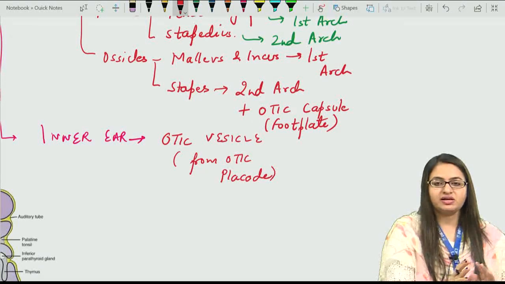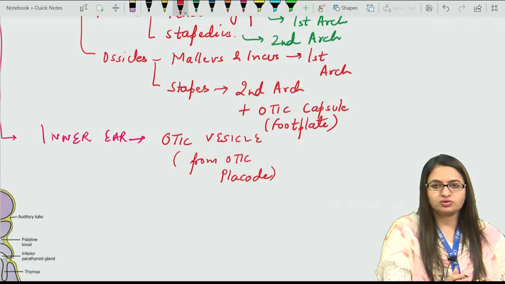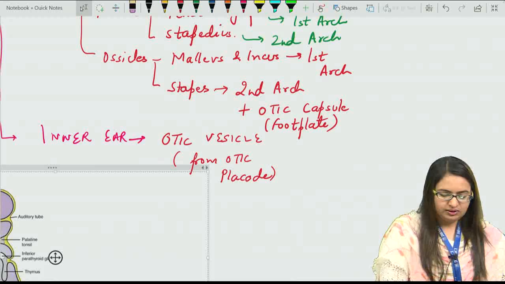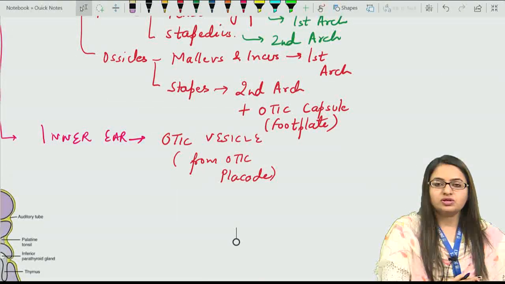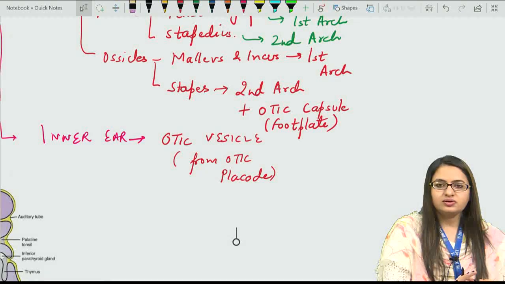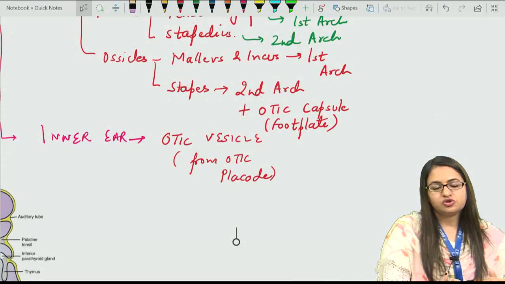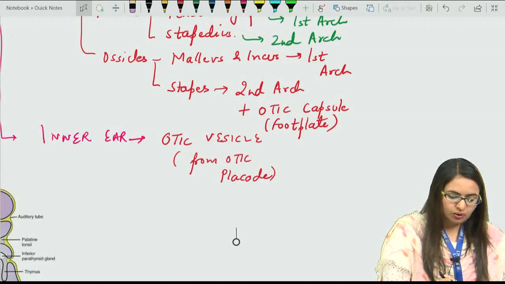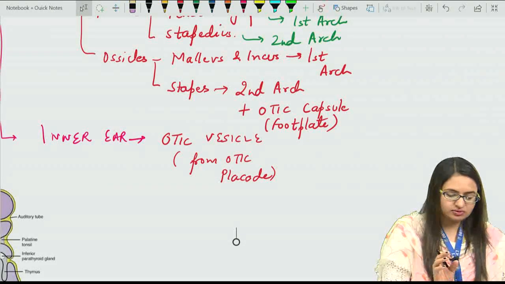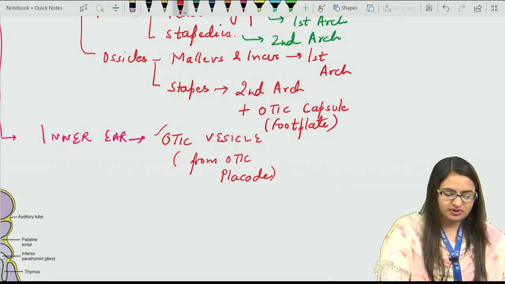Now this otic vesicle divides into two portions, the ventral portion and the dorsal portion. The ventral portion gives rise to the semicircular canal, the endolymphatic sac and the endolymphatic duct, as well as the saccule. And then the dorsal portion gives rise to the cochlea and the utricle. So the whole bony labyrinth and the whole membranous labyrinth arise from the otic vesicle.